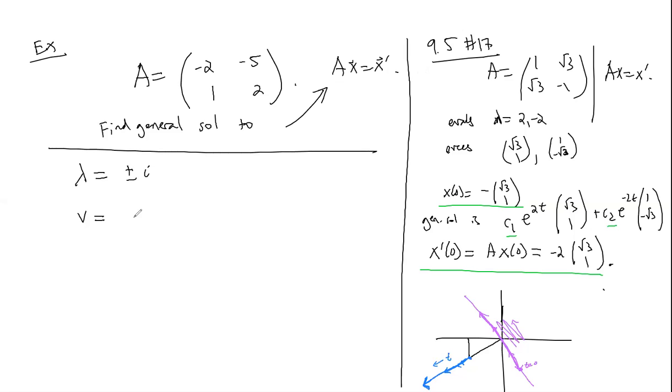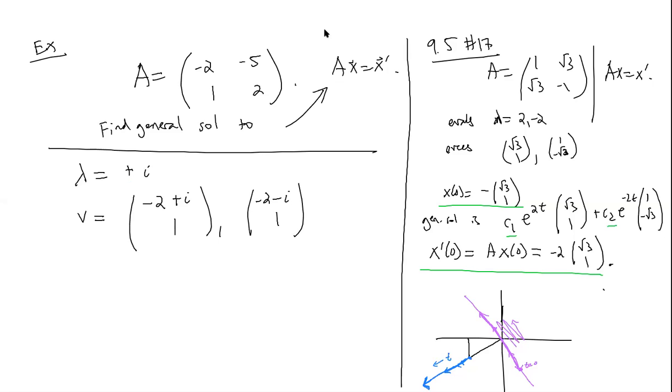And then what did you get for the eigenvectors? Minus 2 plus i, comma 1, and then its complex conjugate. Yep.